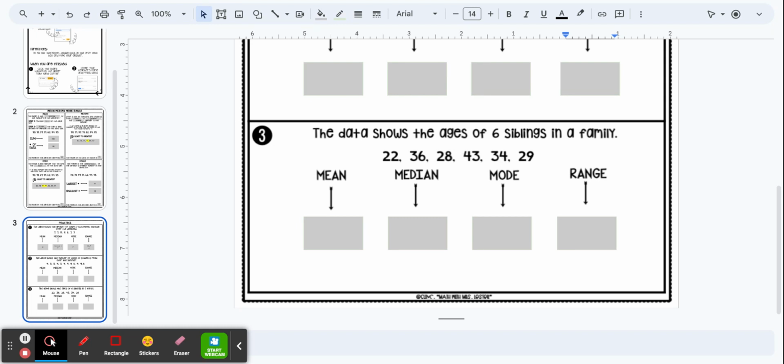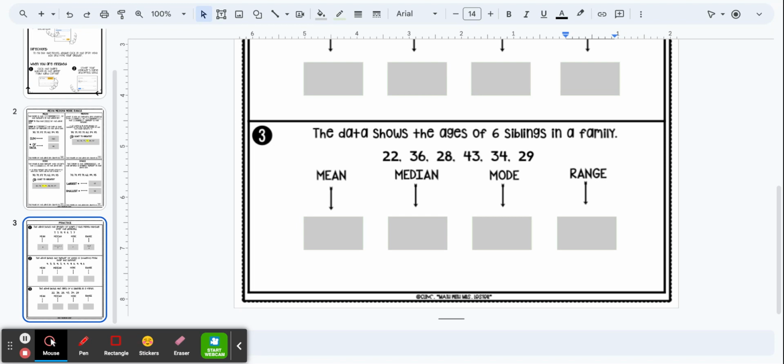Okay. So let's go ahead and start with our mean. We have to find the total of all these numbers. So 22 plus 36 plus 28 plus 43 plus 34 plus 29 equals 192.